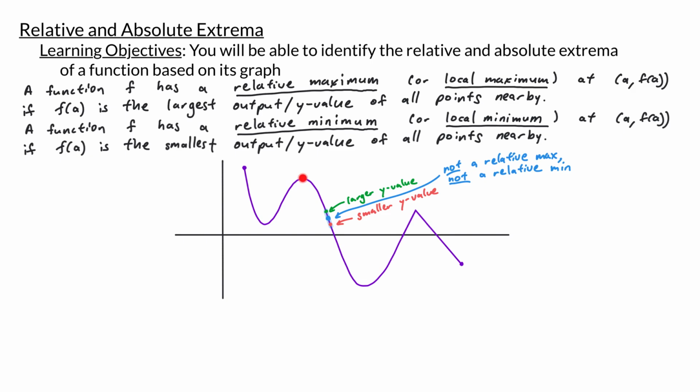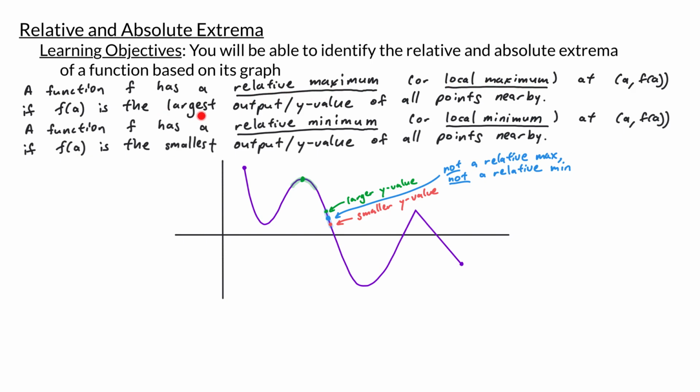Let's take this point here. If I want to determine whether this point is a relative maximum or minimum, I want to compare it with some nearby points. So let me highlight some points that are nearby that point. So first, let's ask, is our green point here a relative maximum or a local maximum?